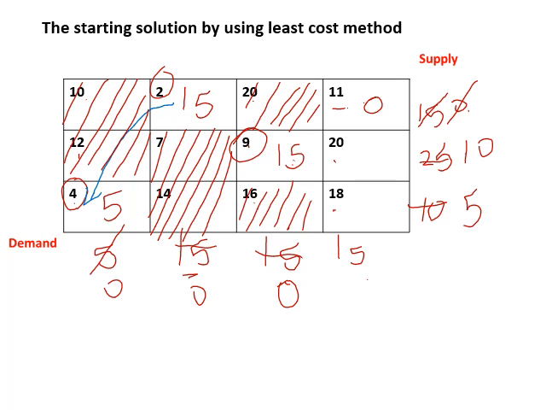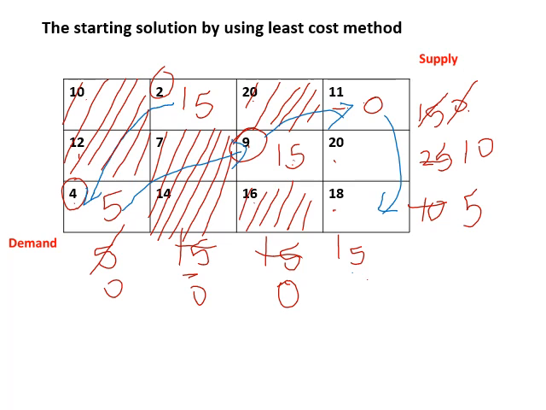We will go to the least value. Okay, before here we come here and then go to this and then go to this, and now go from 11 to 18. Go to 18, which is associated with 5 in the supply and 15 in the demand.